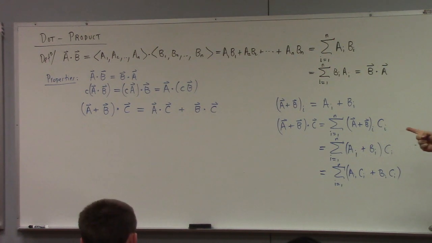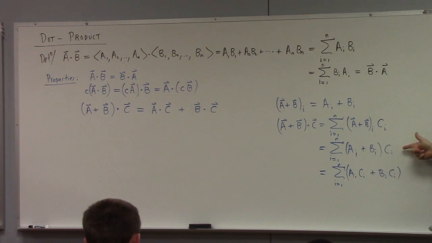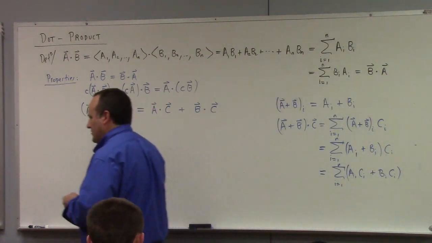The reason there's a distributive property is because you have a distributive property at the level of components. That is the heart of the matter, right? If you did this in the plus dot dot dot notation, you'd have to apply the distributive property over and over again, depending on how many terms you write out.